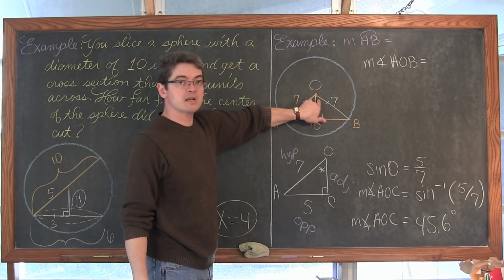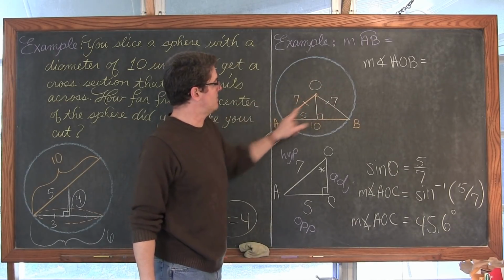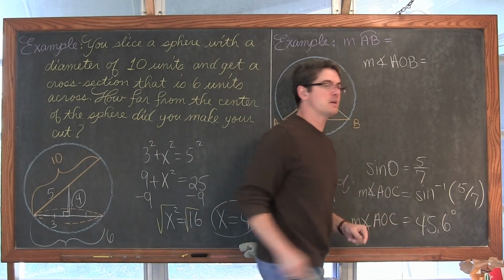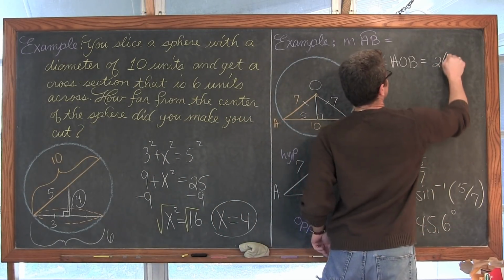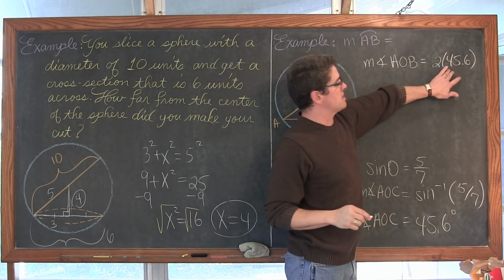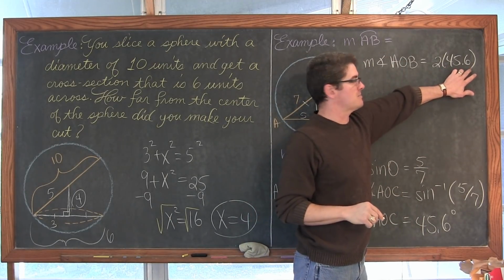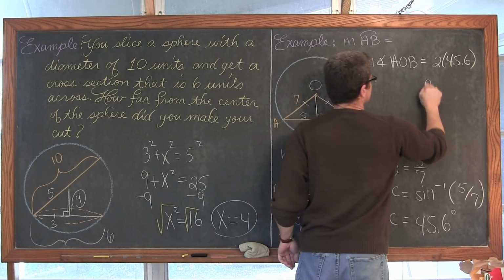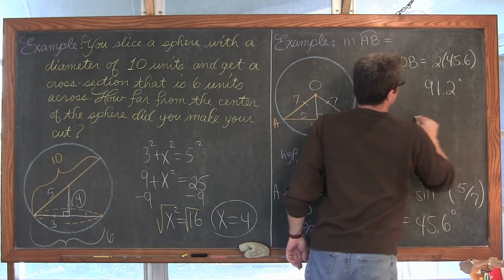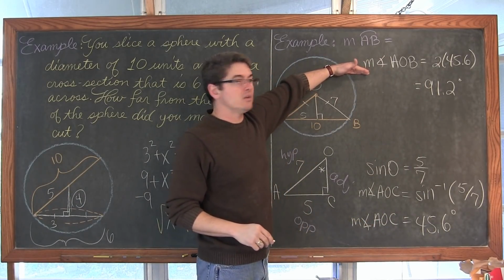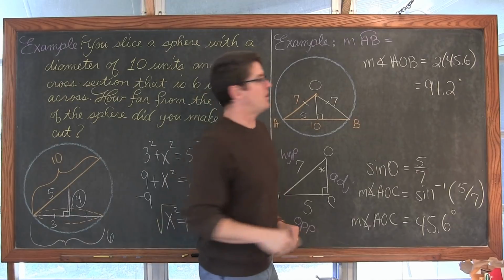We bisected the vertex angle with the altitude, so angle AOB, the central angle AOB, is equal to 2 times 45.6, which is, let's see here, 2 times 45 is 90, 2 times 0.6 is 1.2, so it's 91.2 degrees. And since that is the measure of our central angle, it is also going to be the measure of our arc.